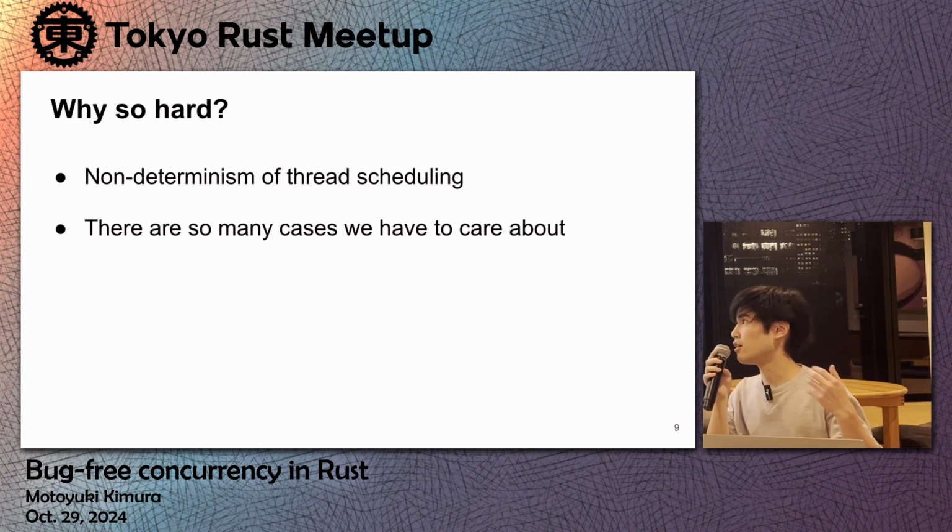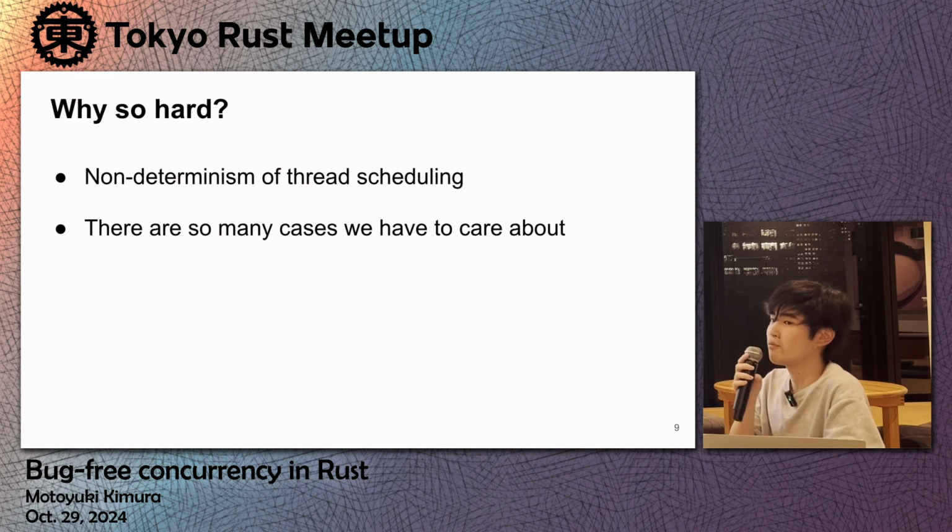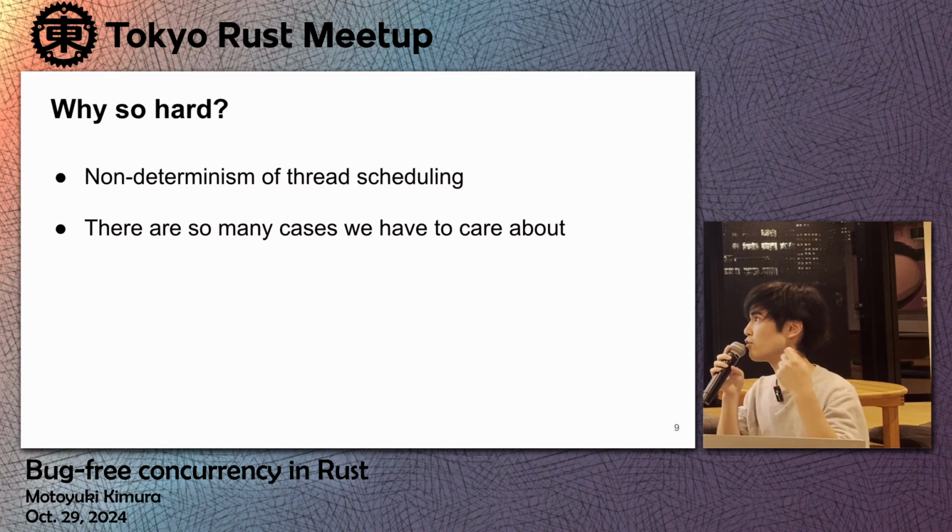If you run a multi-threaded program, behind the scenes your operating system constantly switches threads, and that increases the possible cases of that program. Whenever we try to analyze that program, it can be difficult because there are so many cases we have to care about.